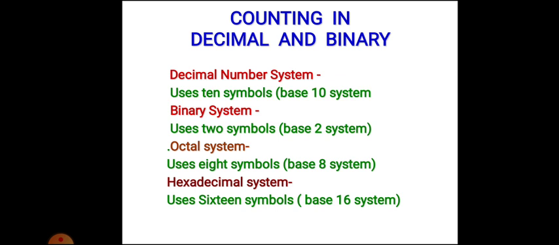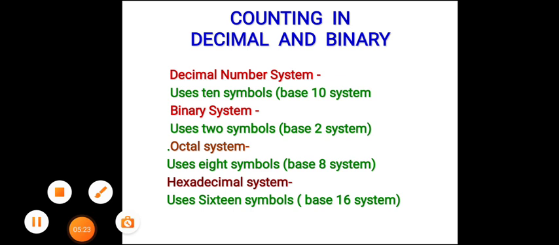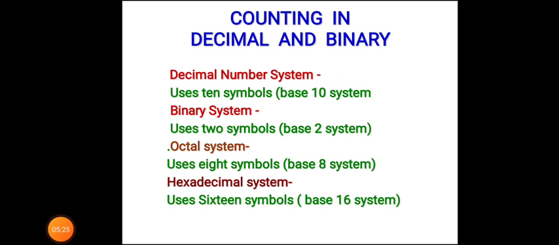What are they? 0 to 9 and capital A, B, C, D, E, F. So total 16 symbols we have, and the base or radix will be 16. Okay, so these are the 4 number systems we are using in general digital electronics.